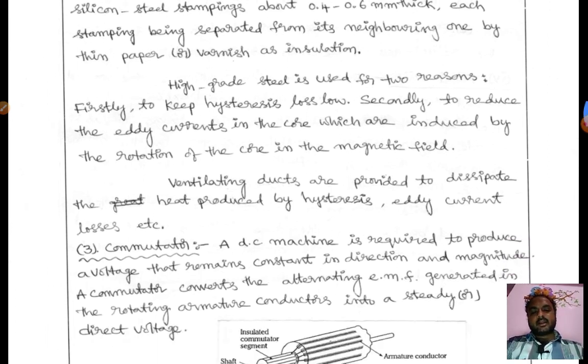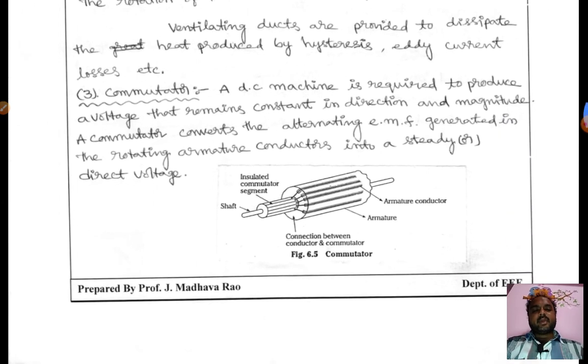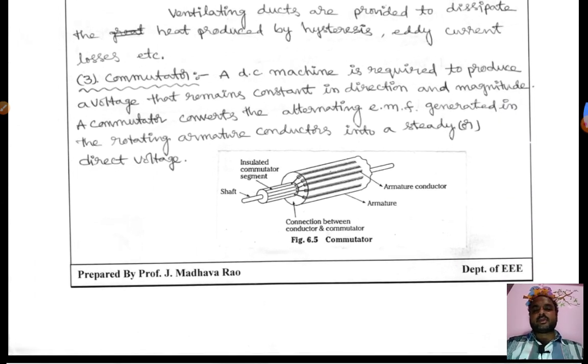Next one, commutator. Commutator is a very important device in DC motors and DC generators. A DC machine is required to produce a voltage that remains constant in direction and magnitude.